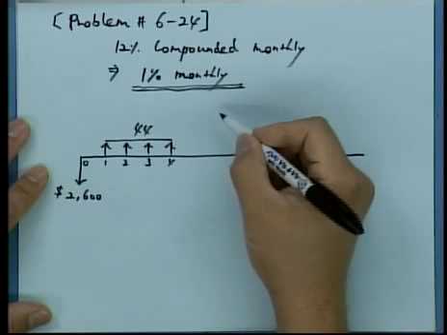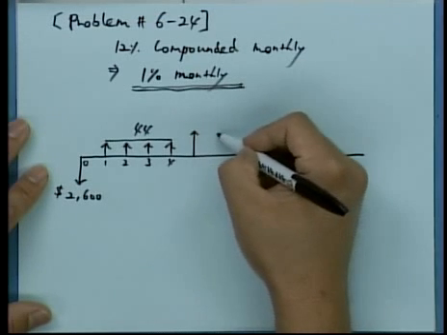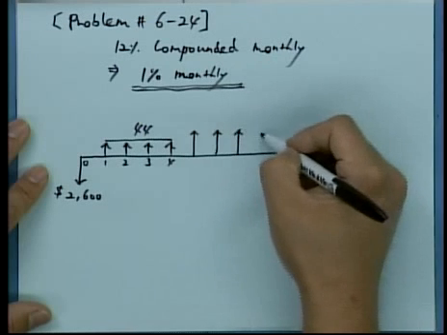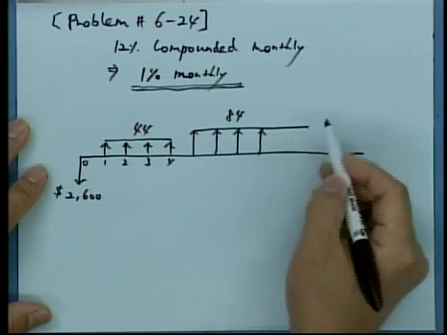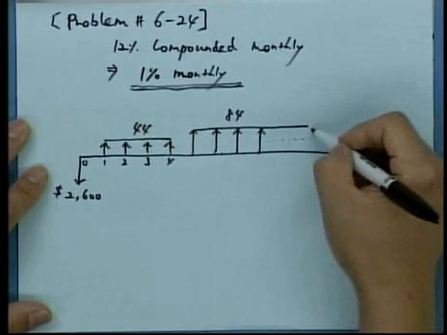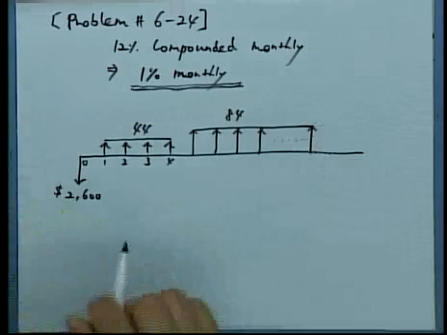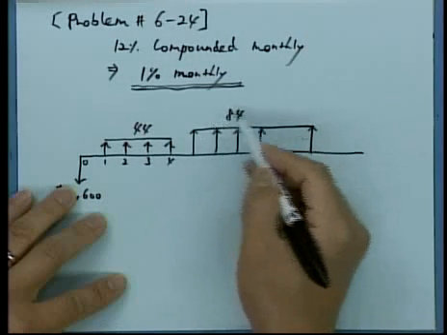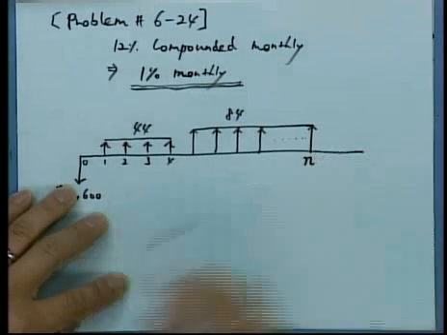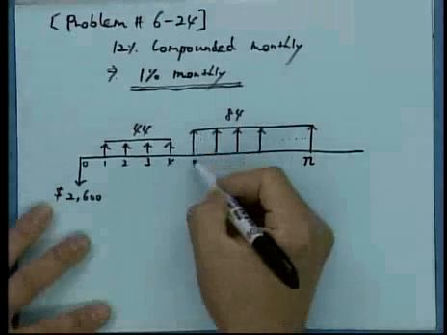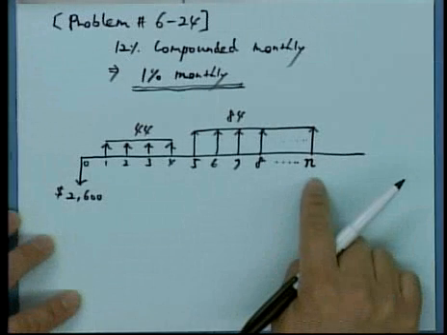And then after that, at the end of each month, the monthly payment goes up to $84, right? And we don't know how many $84 payments will be required. So let's put n up here. Okay? So 5, 6, 7, 8, up to a certain number n. Okay?